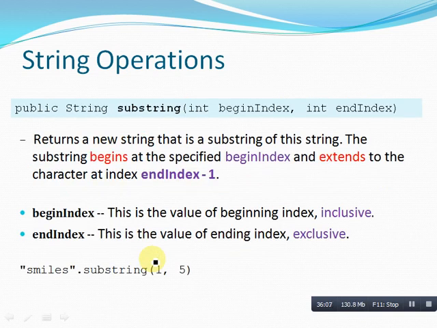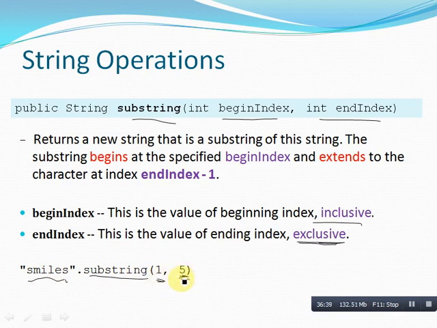Now you can also specify in the substring a beginning index and an end index, from where to where. The beginning index is inclusive, it means it will start from that particular character. The end index is exclusive, it means it will not count this index. For example, "smiles".substring(1, 5) starts from 1, ends at 5.